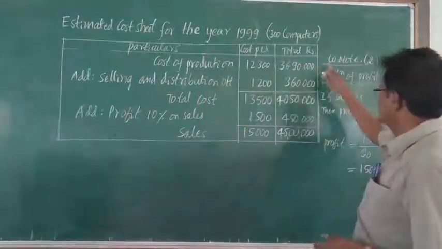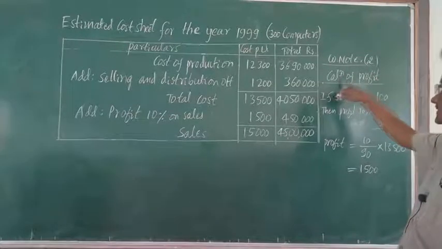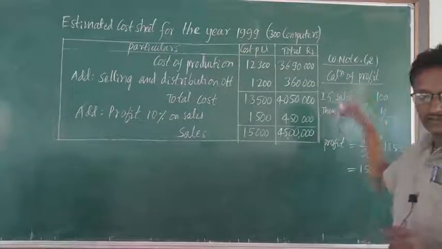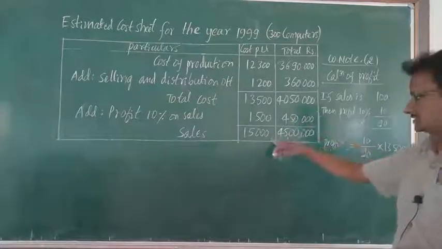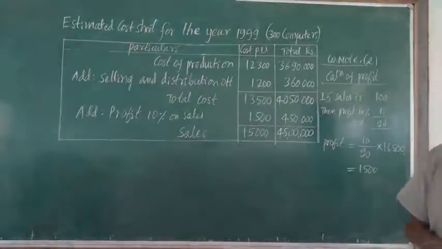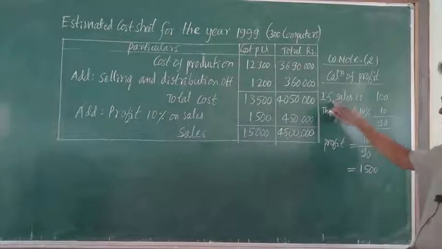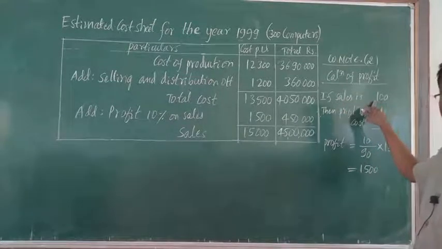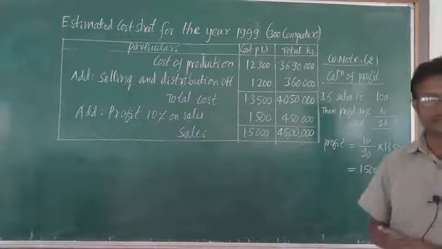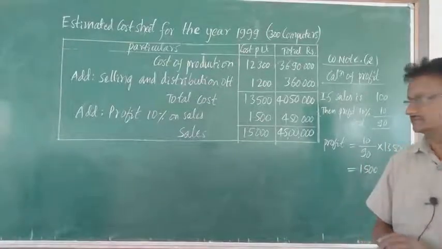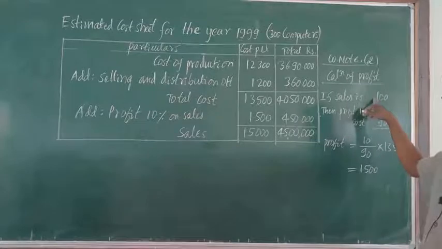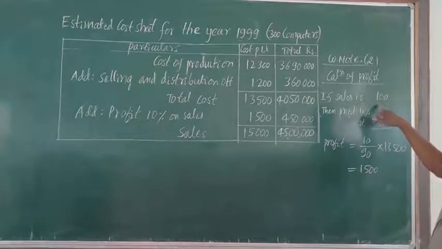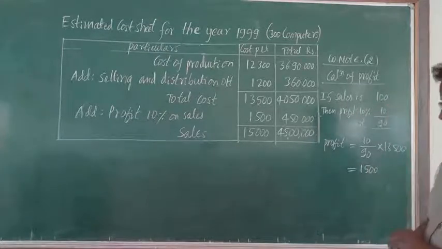Working note 2, calculation of profit. Assume that sales is 100. As per the information, profit is 10% on sales, that is on 100, equal to 10 rupees.